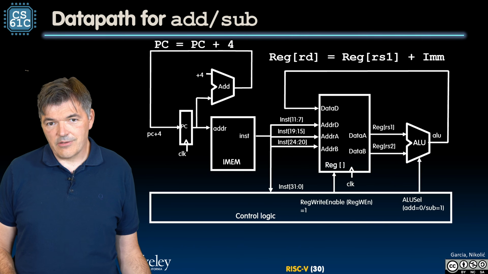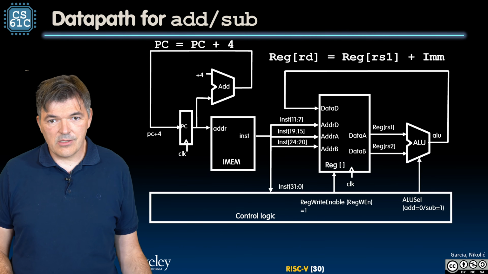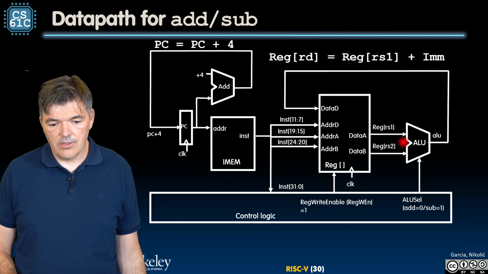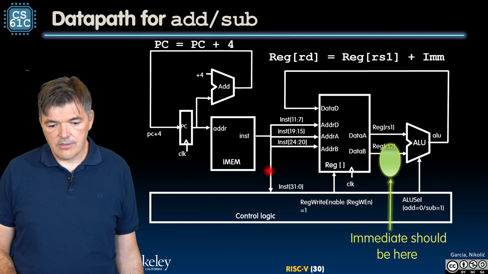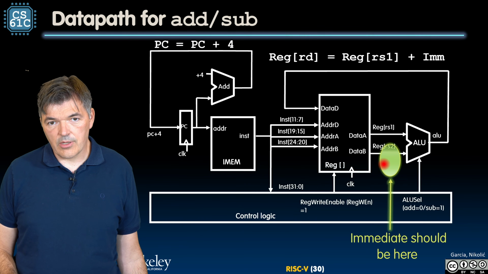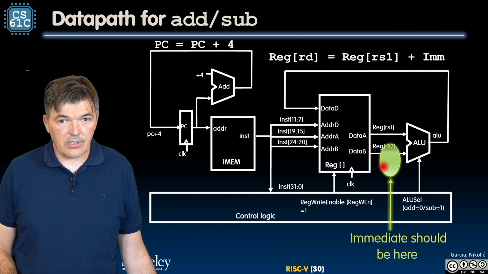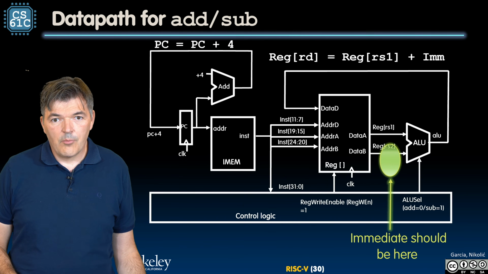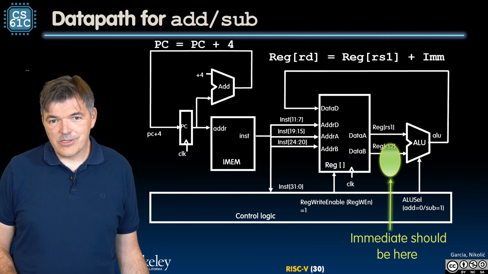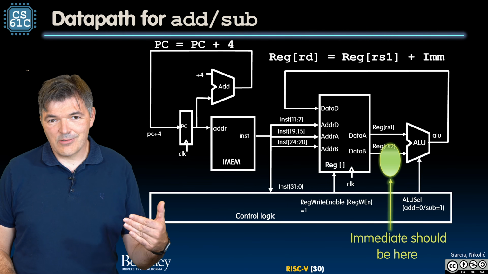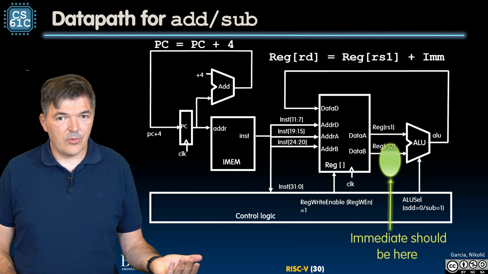So we could build another data path that would support immediates. We would rip out everything, and instead of this input being connected to RS2, we could connect an immediate to it. But let's not do that. Let's just build one data path that supports both R types and I types. And how would we do that?